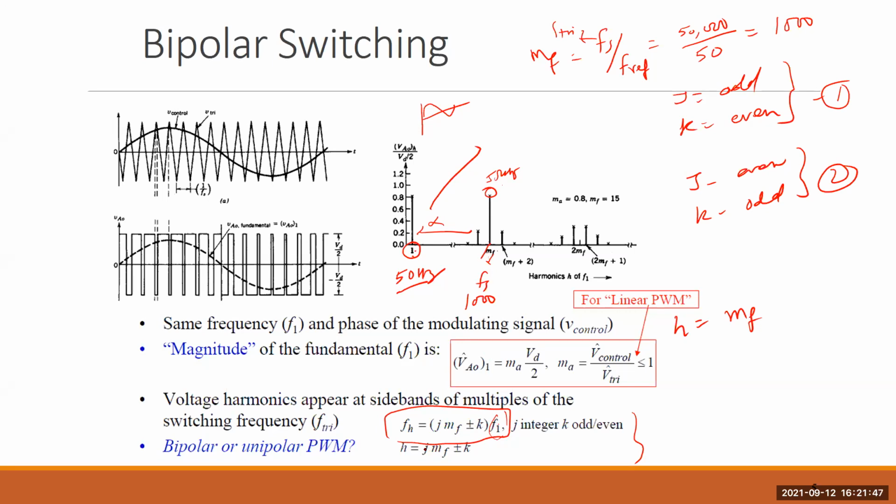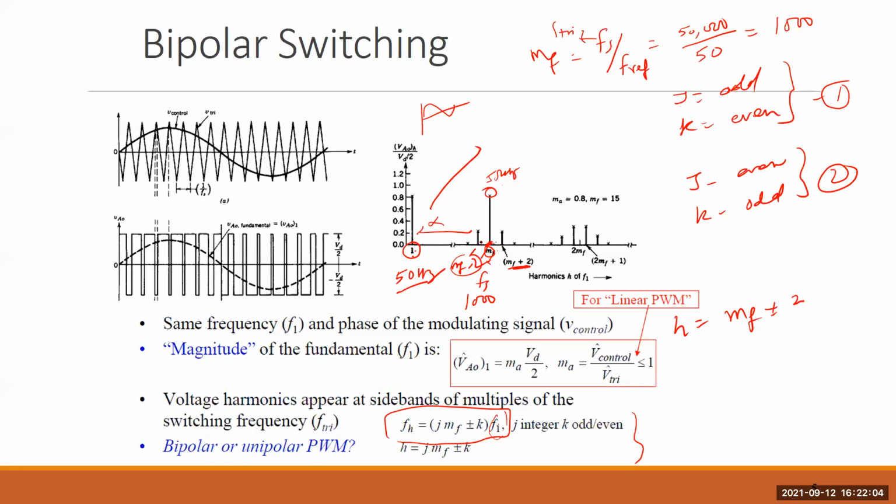So when J is 1, K is even, it is plus minus 2. That means you have MF plus 2 and MF minus 2. That's what you can see: the MF component, MF plus 2, MF minus 2.